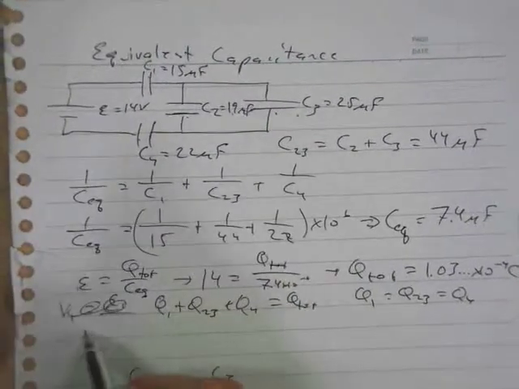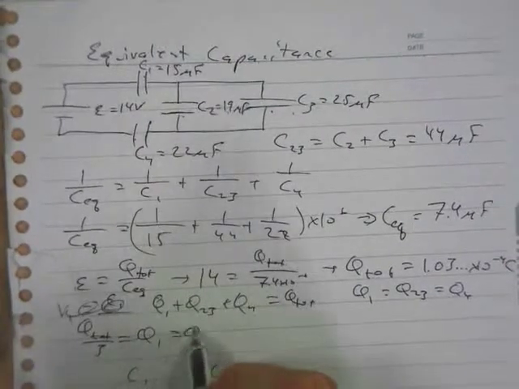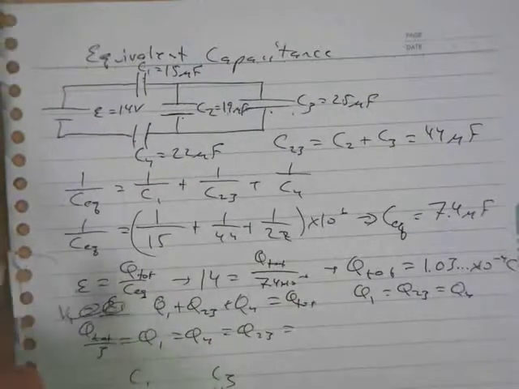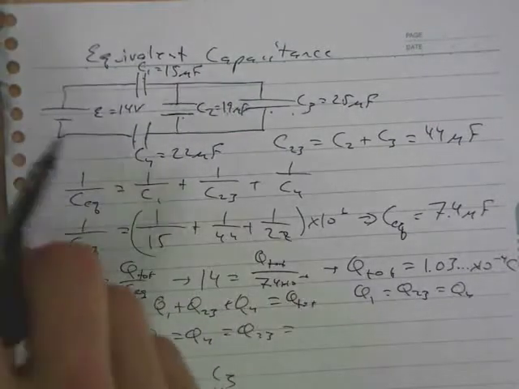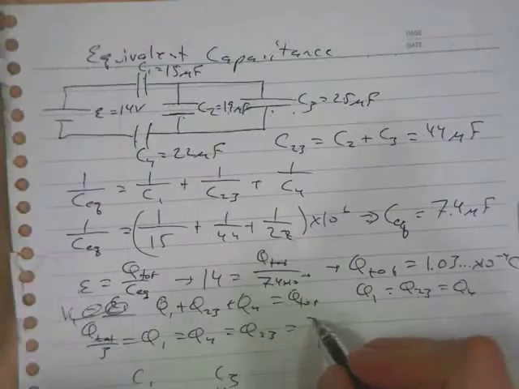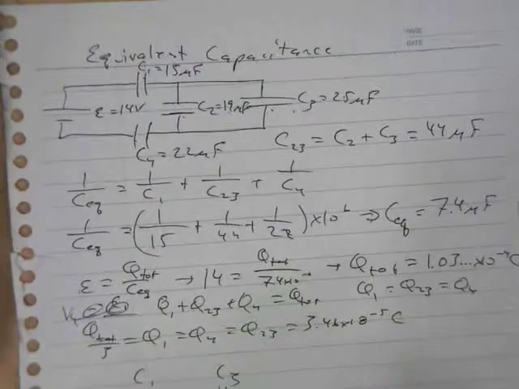So we just divide the total charge by 3, and that'll get us Q1, Q4, and Q23, which is 3.46 times 10 to the minus 5th coulombs.